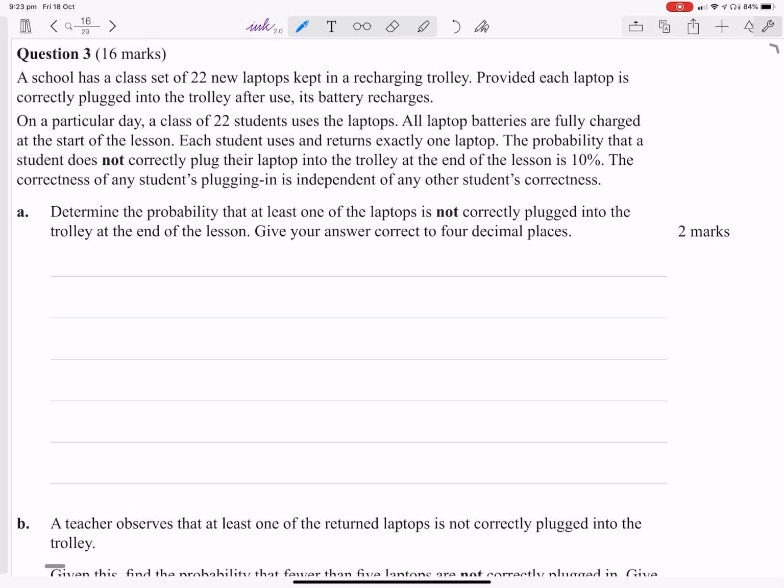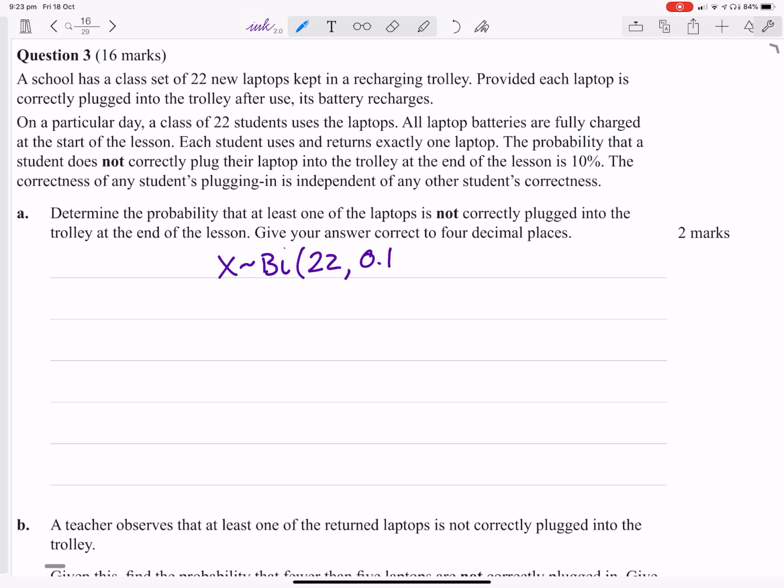So there's 22 laptops. So X is binomial, 22, 10% chance.